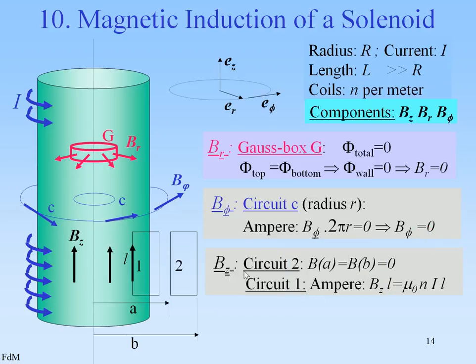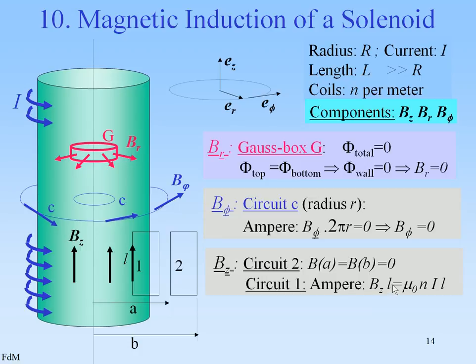Now we take circuit 2 and circuit 1. In circuit 2, B(a) and B(b) must be 0. And in circuit 1, when you perform that circuit integral here, then this part has a contribution.